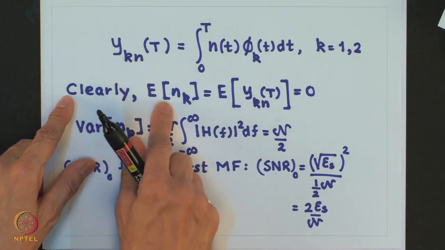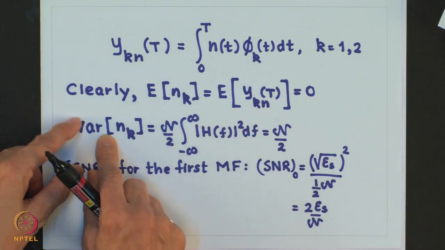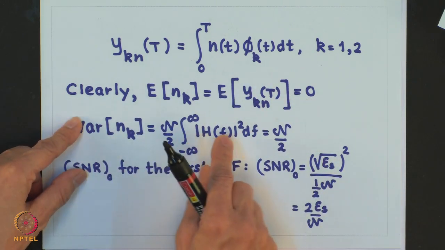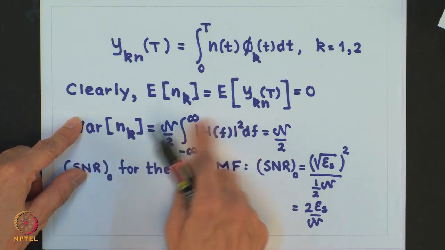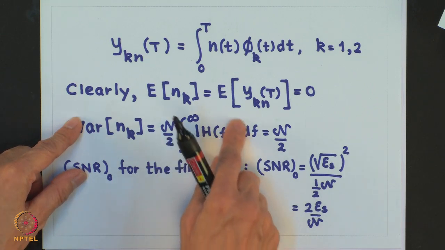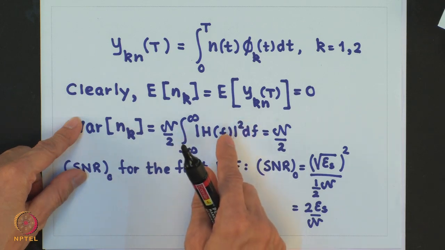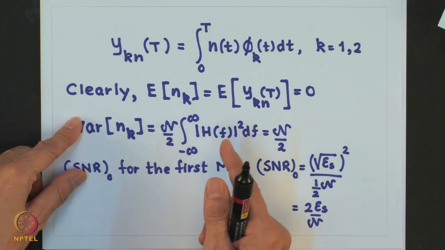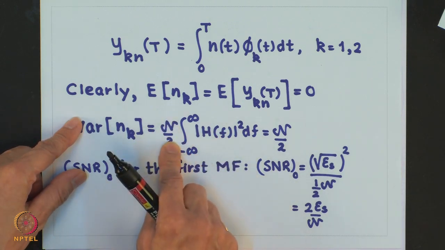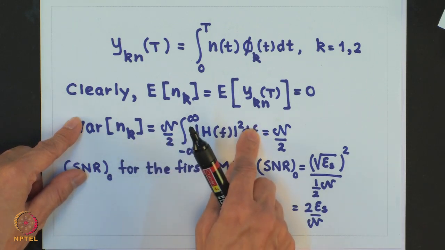Now, obviously, it is very simple to see here because we are assuming a 0 mean noise process, the mean is 0. The variance, again, is the integration of the power spectral density. The output power spectral density is the squared magnitude of the filter H(f), multiplied by the input power spectral density. We are assuming white noise, so it is N0 by 2, and then you have to integrate that over all frequencies.